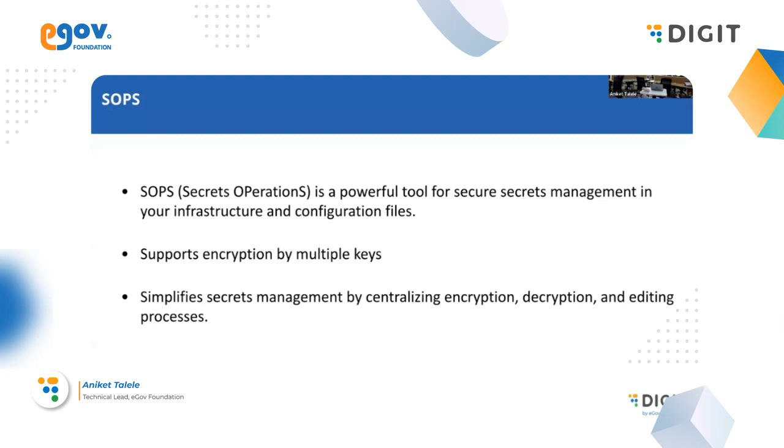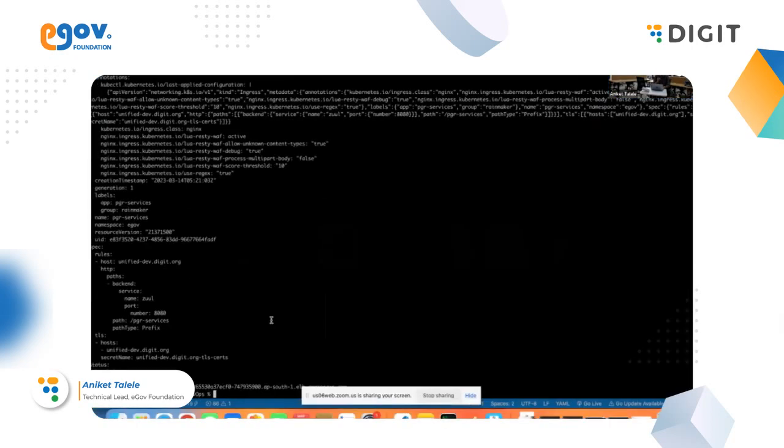So as I mentioned in the slide, you can use multiple keys and then use any one of those keys to decrypt SOPS. So basically, if you want to use a KMS key, you just add the ARN of that KMS key. If you're using a PGP key, that entry. So I'll just show one sample .sops.yaml file.